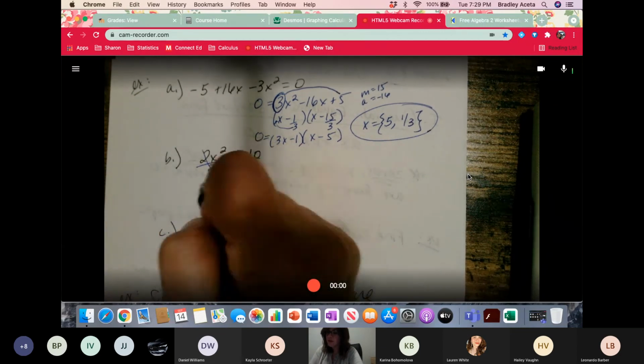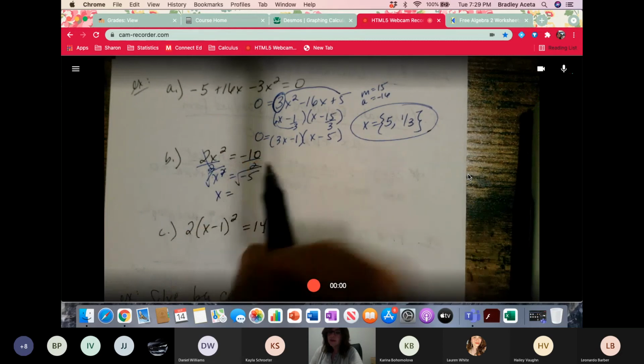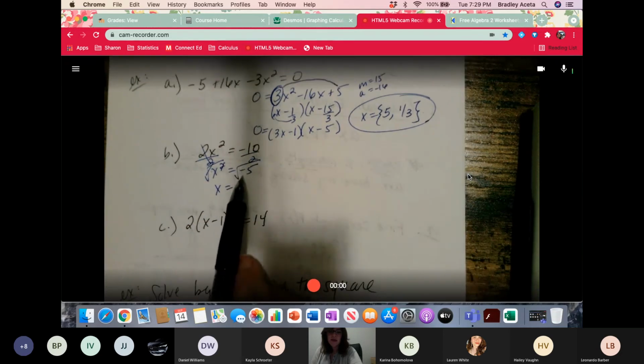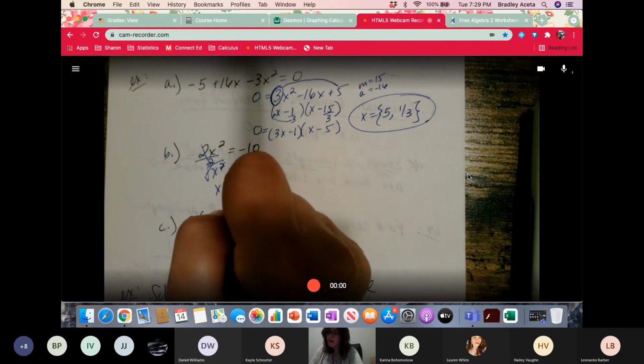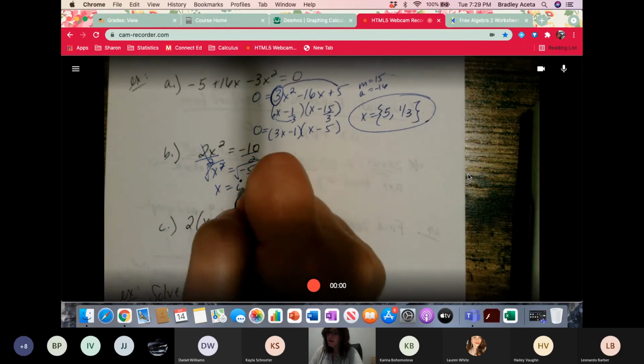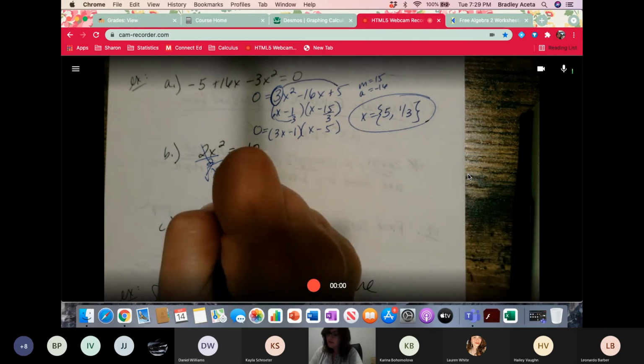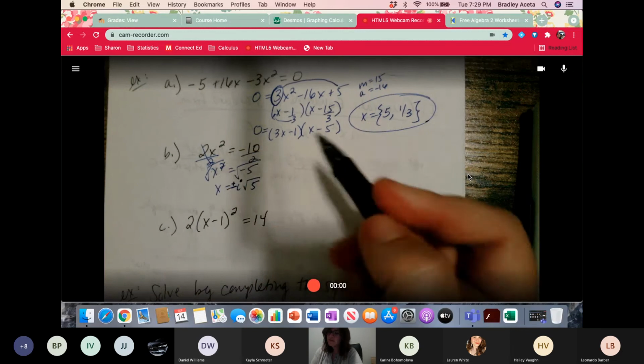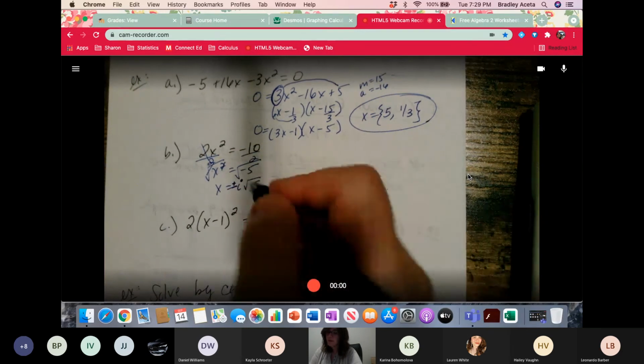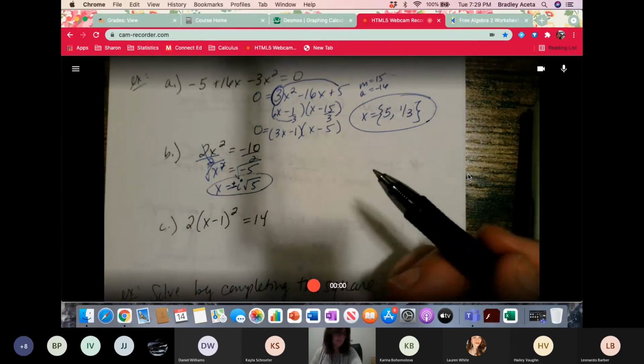Take the square root, because to undo a squared, you square root. And if there's a negative under a square root, you pull out the i. So you would have i square root 5. And don't forget, it's plus or minus. That is the solution.